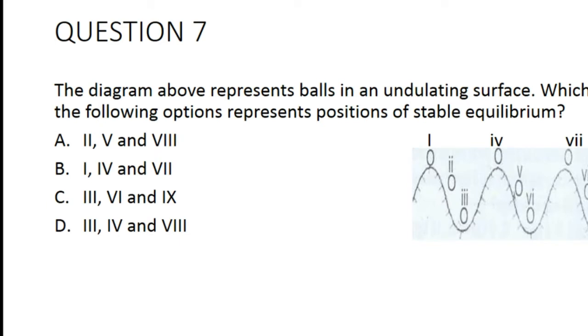Question 7. The diagram above represents balls on an undulating surface. Which of the following options represent positions of stable equilibrium? A. II, V, and VIII. B. IV and VII. C. III, VI, and IX.